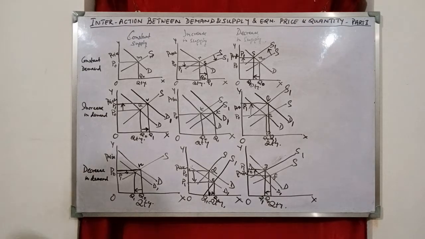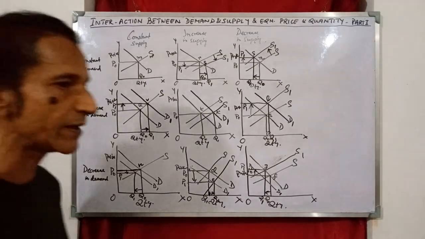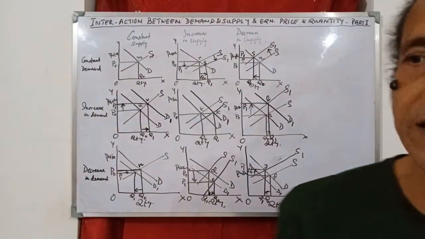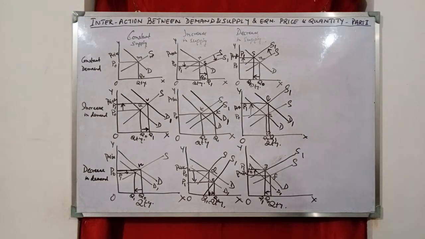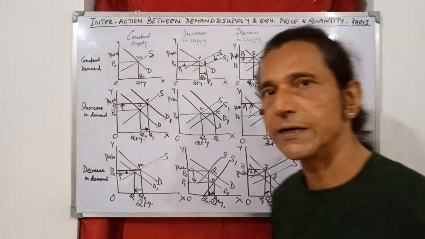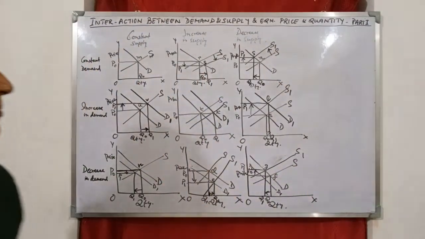So this is all about the interaction between demand and supply and equilibrium price and quantity. This is part 1. Here I have explained how the interaction between demand and supply impacts the equilibrium price and quantity with 6 different scenarios.